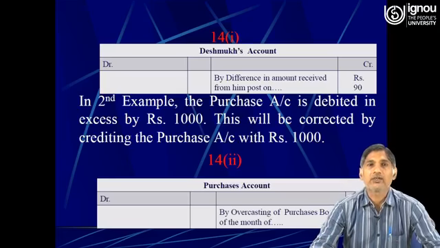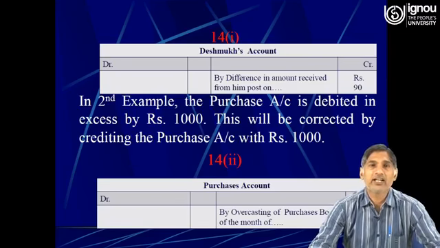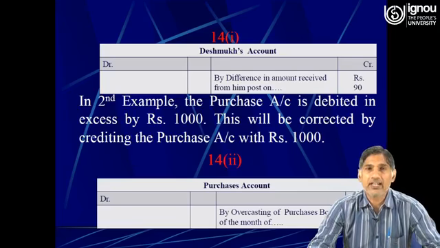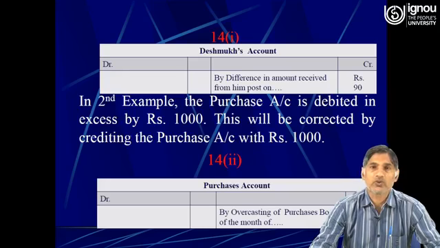Here you can see, in 14.1 Deshmukh account, it is credited by rupees 90. The error which was made has now been rectified just by making an additional entry and crediting his account by rupees 90, by difference in amount received from him, posted on so and so date, rupees 90.